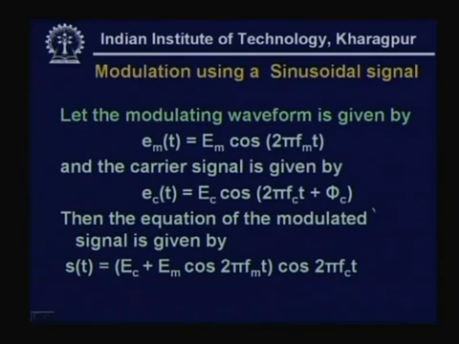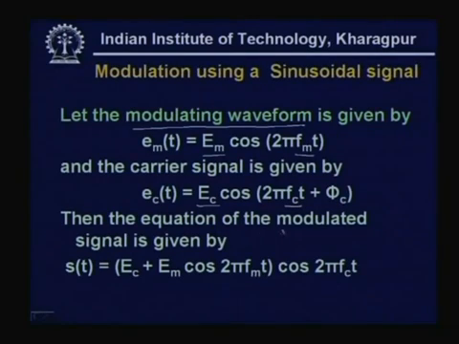Let the waveform be represented by this equation: e_m(t) equals E_m cos 2 pi f_m t. Here you see we are considering that the modulating waveform is a sinusoidal wave with frequency f_m having maximum amplitude E_m, and the carrier signal is represented by e_c(t) equals E_c cos(2 pi f_c t plus phi_c). Here the maximum amplitude is E_c, it has frequency f_c and a phase phi_c.